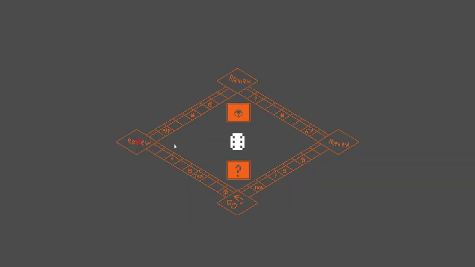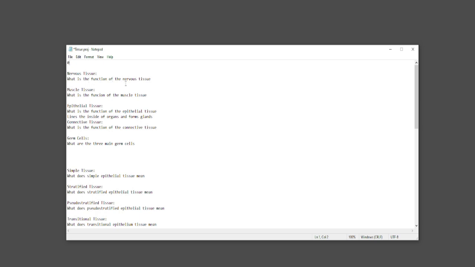Let me roll again. 6. This would be where I would review the topics, or basically do all the questions, so I'm going to go ahead and do that. Function of nervous tissue.